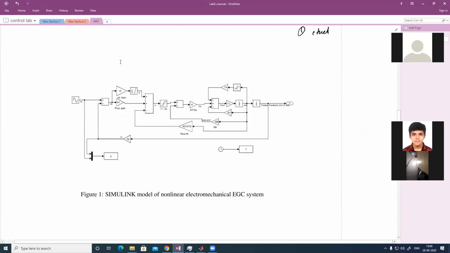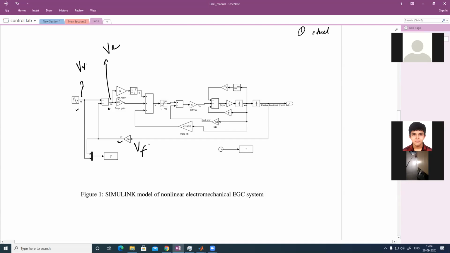So up to here you understand. This signal is taken as V reference, and this feedback path is taken as VF: voltage reference and voltage feedback. The output from the comparator is taken as VE, the error signal. We name this one VR, this one VF, and here it is VE.